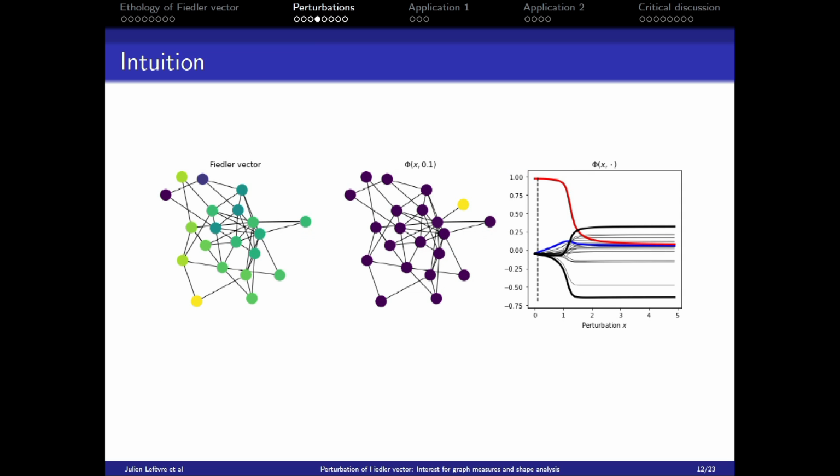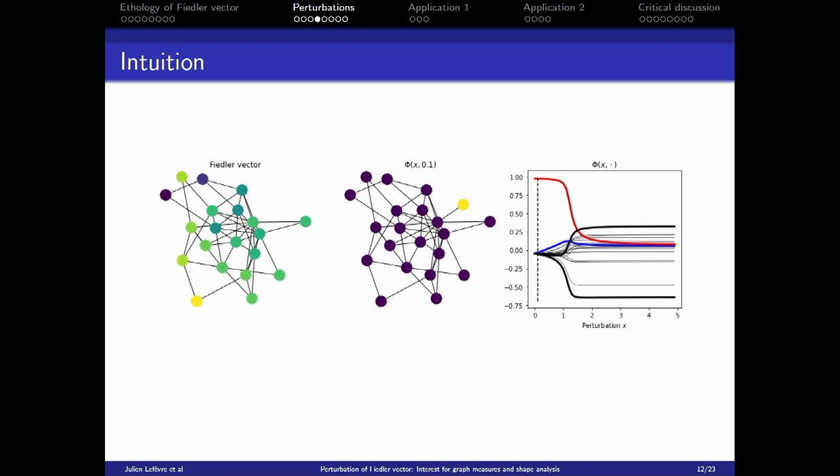Another example here with a graph, the Fiedler vector on the left, and here this is just a perturbation on one vertex that has no particular properties. On the right, you will see the evolution of the perturbation on the x-axis. The red curve here corresponds to the value of the perturbed vertex, and in black this corresponds to the extrema of the Fiedler vector on the left.